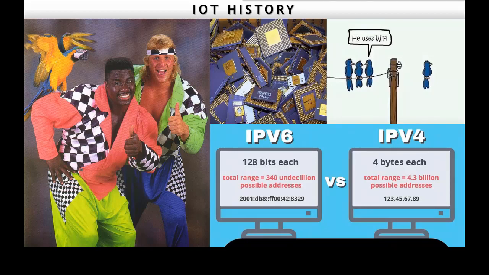We had to wait until the 2010s for those chips to become affordable, so we could easily put them in devices. The second thing we had to wait for was Wi-Fi. Again, in the 2010s, it became a very common communication method. And the last thing we had to wait for, which was really the turning point, I believe in 2011, was the evolution from IPv4 to IPv6.